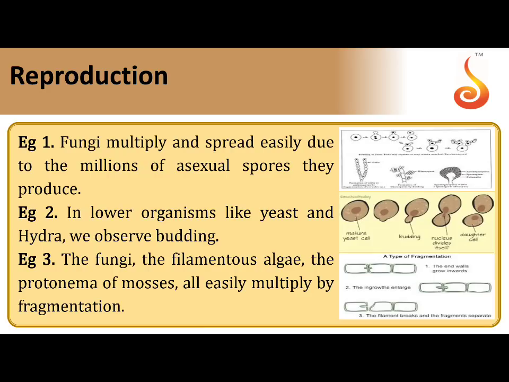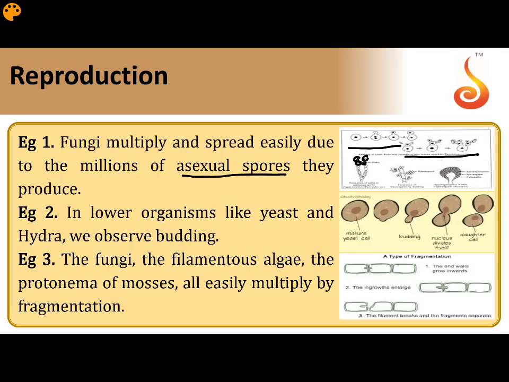Now, we are going to look into all the examples one by one. The first example here is in terms of fungi. Fungi multiply and spread easily due to asexual spores. In this given picture, you could see how these spores one by one can differentiate and form into a new organism.